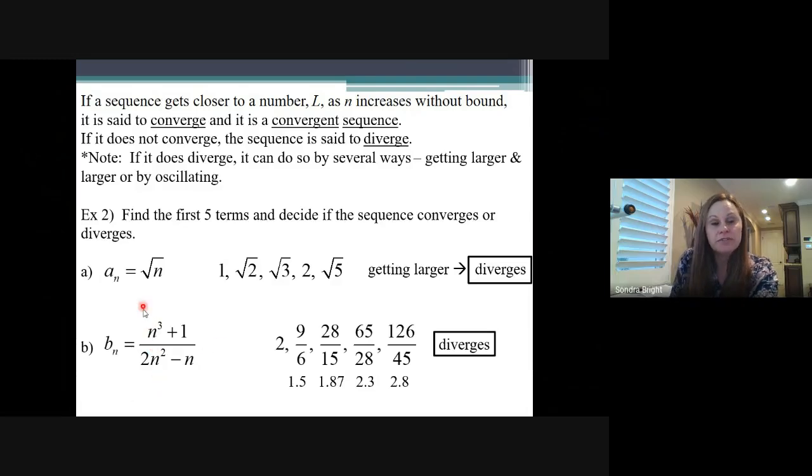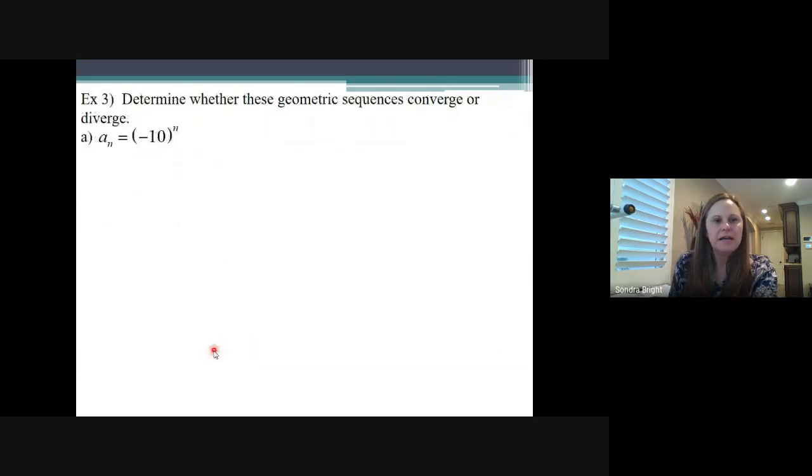You also could have done my trick from the last slide of dividing top and bottom by n squared, because that's the highest degree on the bottom. And you would end up taking the limit of n as n goes to infinity, and that's infinity. So it diverges.